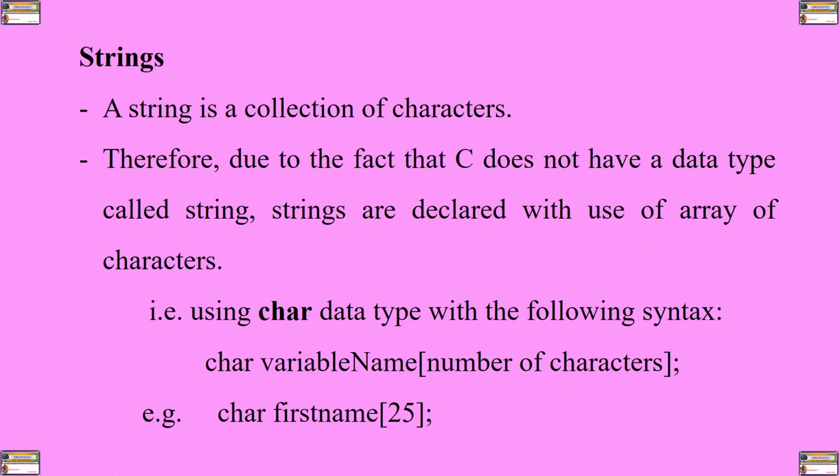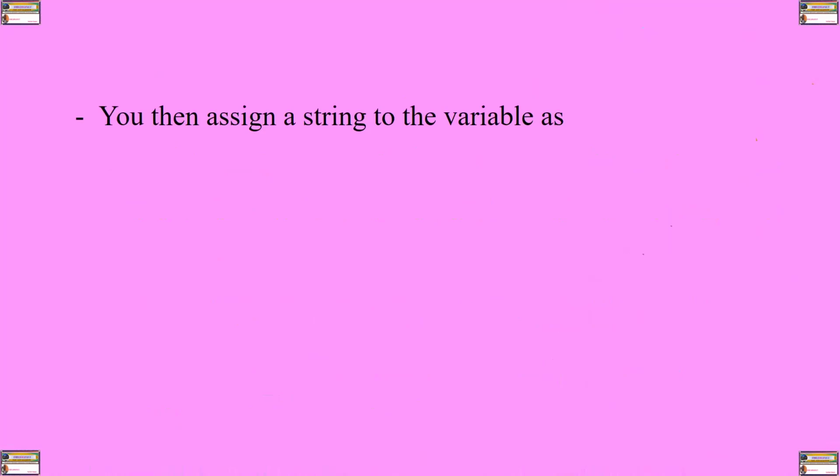Call that memory location first name, and then size 25, meaning you are requesting the compiler to set memory location assigned to hold 25 characters or data of type char, but maximum of 25 characters, and give the name of that memory location, first name.